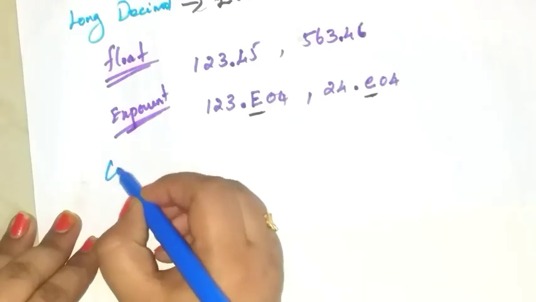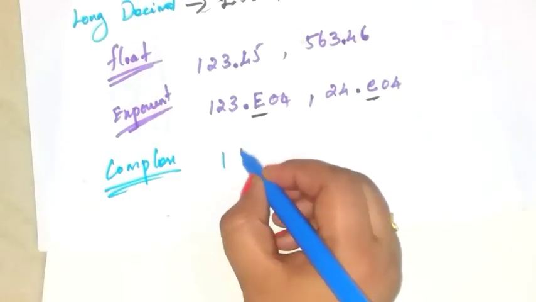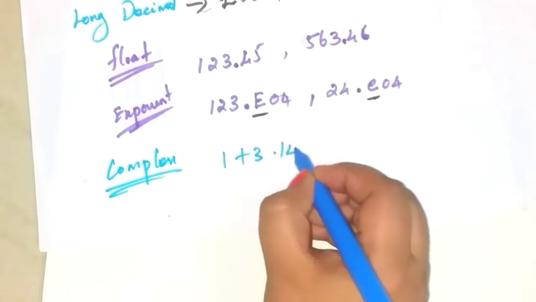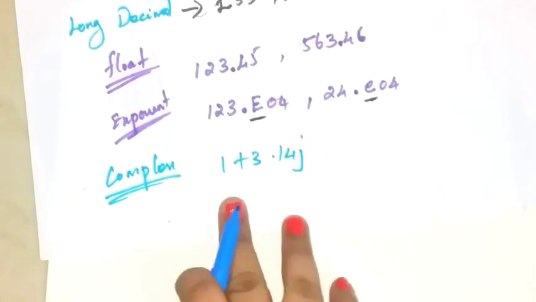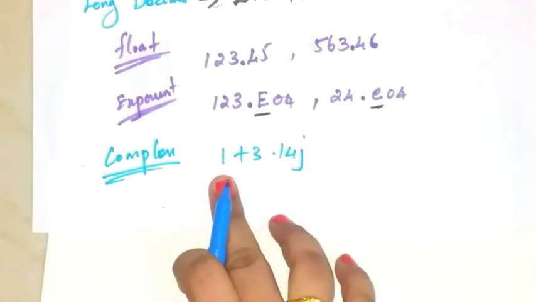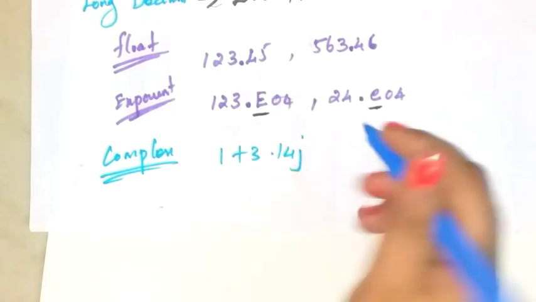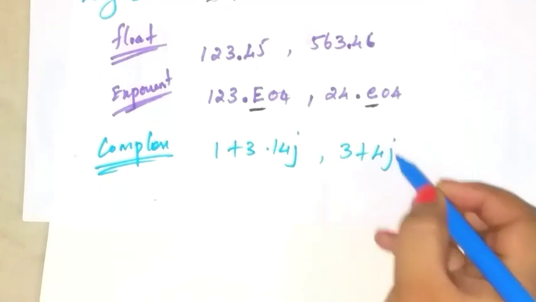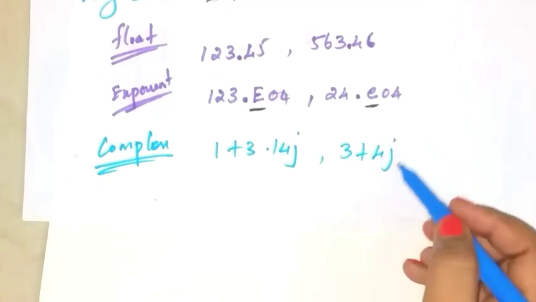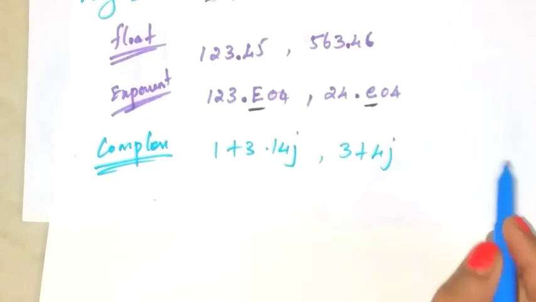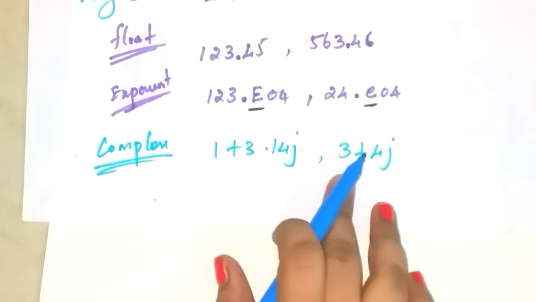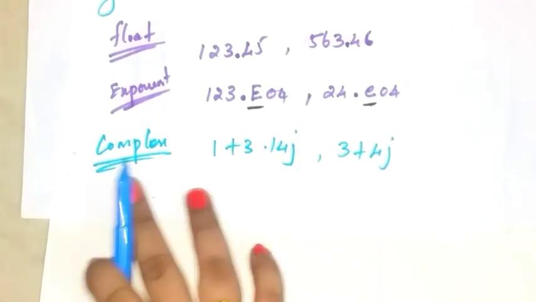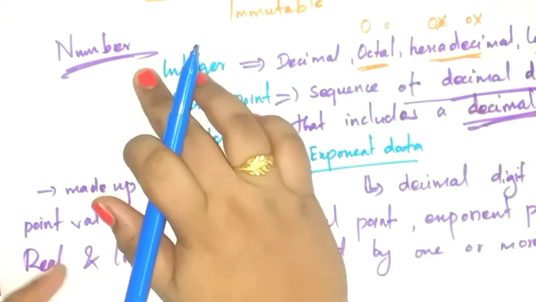How will you write complex numbers? 1 plus 3.14j. Here this is the real part, this is the imaginary part. 3 plus 4j. Here this is the real part, this is the imaginary part. This type of numbers are called complex numbers. So this is about the number data type.